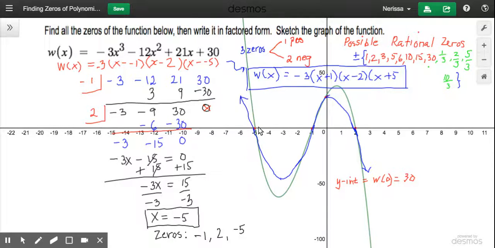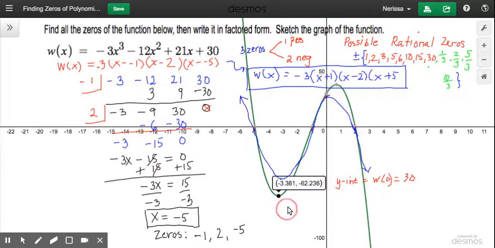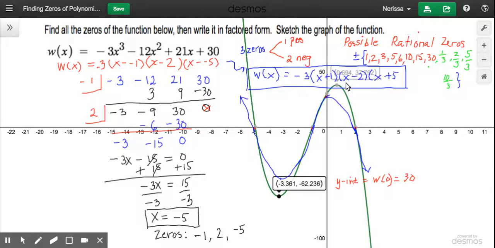So we hit the x-intercepts and the y-intercept. We have the same shape. We missed the lowest point and the highest point, and that's okay. We will not be able to find out where they are. We need calculus in order to find exactly where the lowest point and the highest point are, or the relative minimum and the relative maximum.